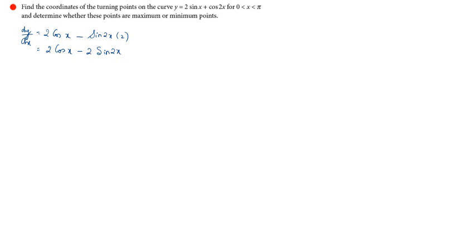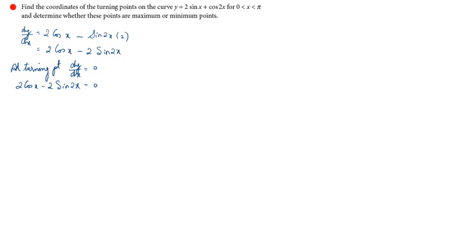Now we know at a turning point the gradient is 0, that means at a turning point dy by dx is equal to 0. So this implies 2 cos x minus 2 sine 2x is equal to 0.